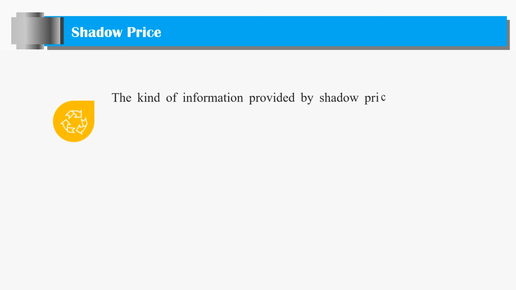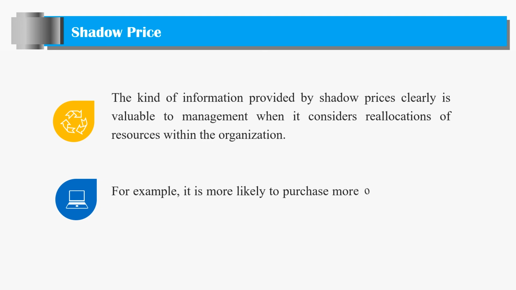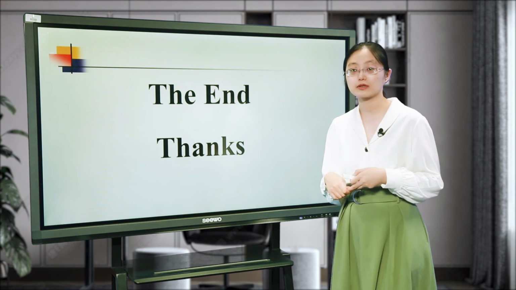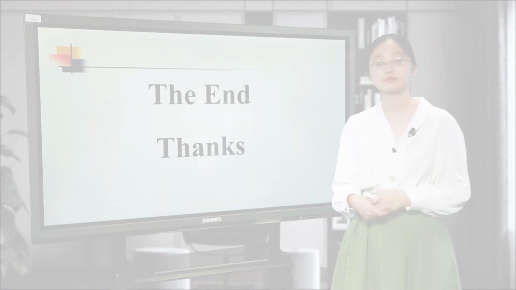So the kind of information provided by shadow prices clearly is valuable to management when it considers reallocations of resources within the organization. For example, practically, it is more likely to purchase more of the resources of a higher shadow price because potentially they would contribute a higher profit. So this is the primal-dual relationship, and then its economic interpretation.